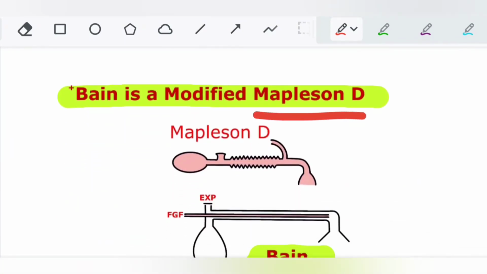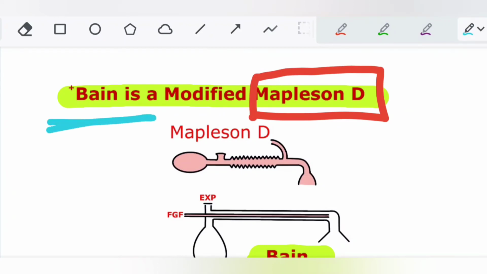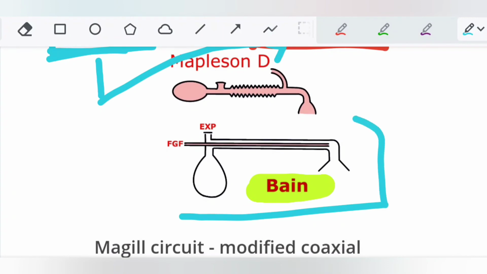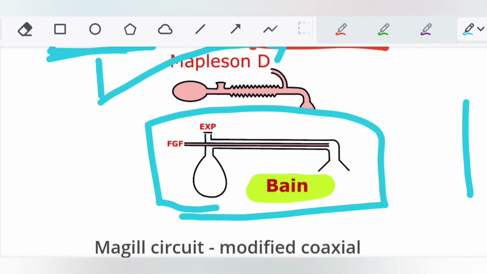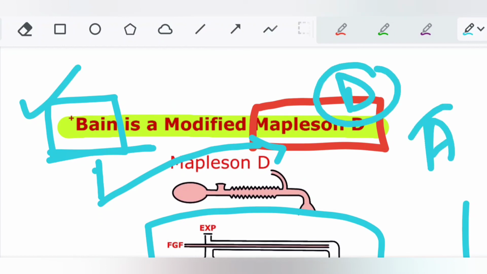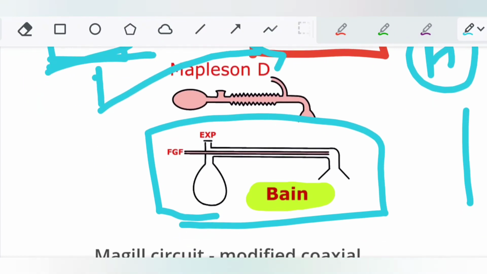Now for Mapleson D, we have a modification known as the Bain modification. It is a coaxial modification of Mapleson D. Just remember the name: the Bain modification is a modification of Mapleson D. Lack is for A and Bain is for D.